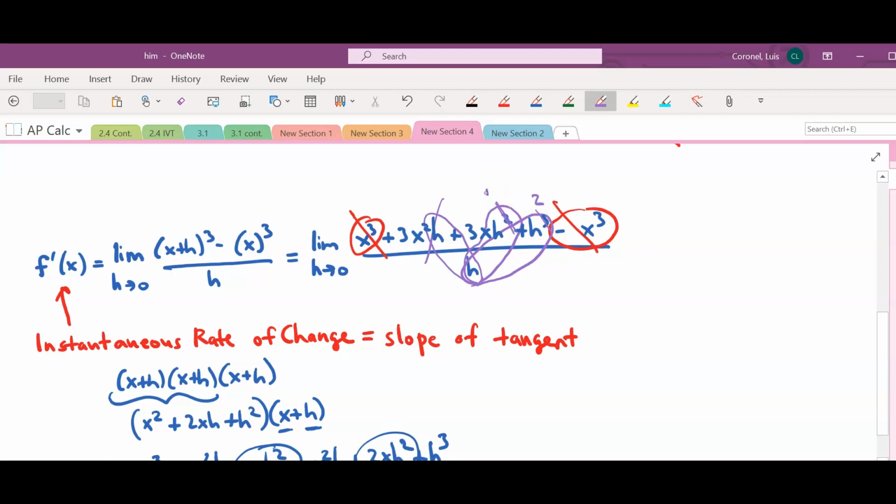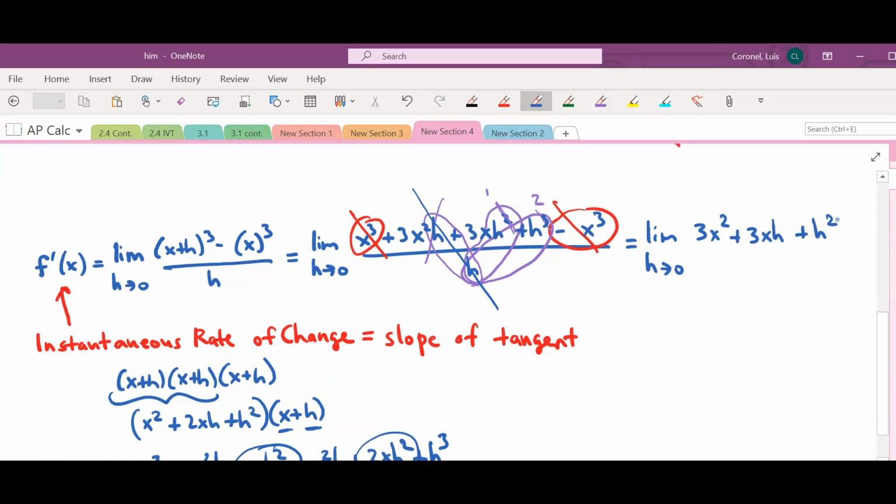So if we were to clean this up, we still have the limit as h goes to 0. We have 3x squared, the h got divided out in the first term, we have 3xh, and lastly, plus h squared.